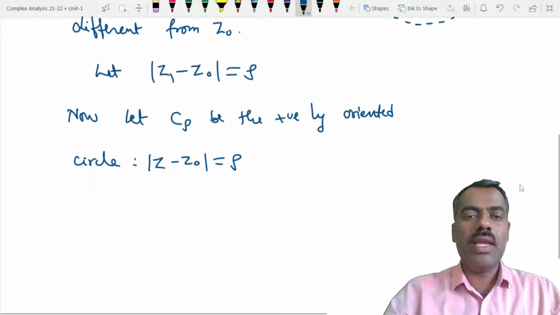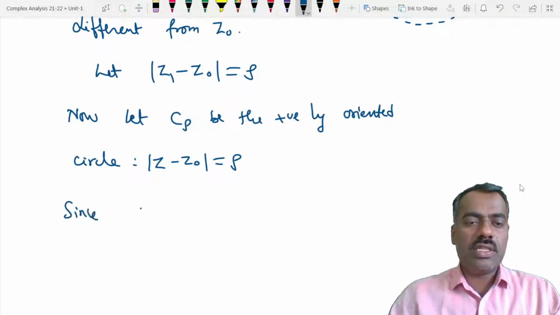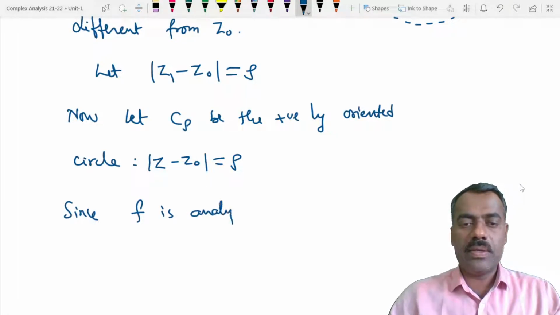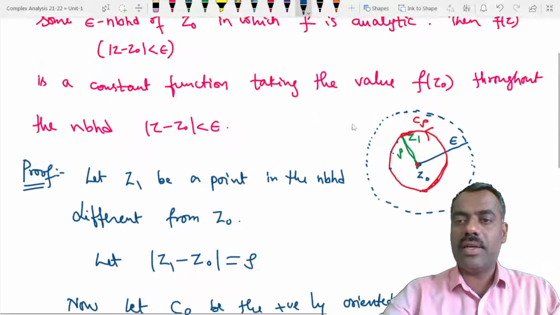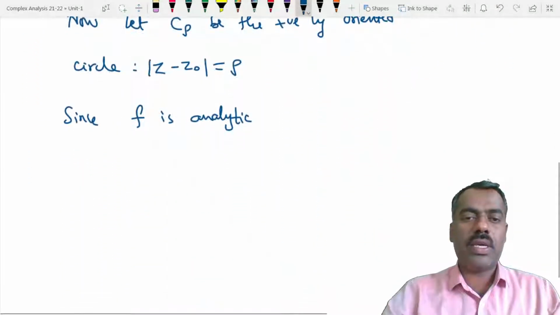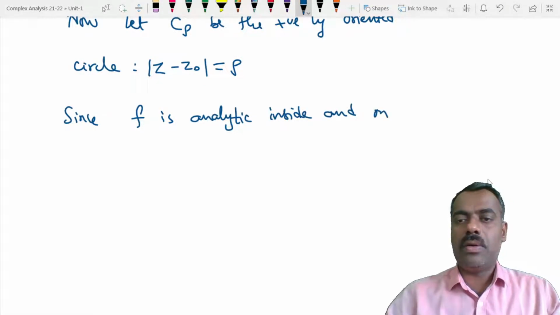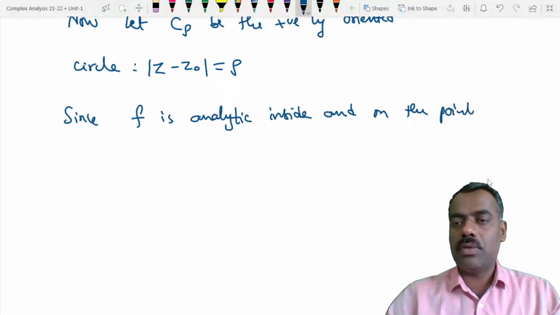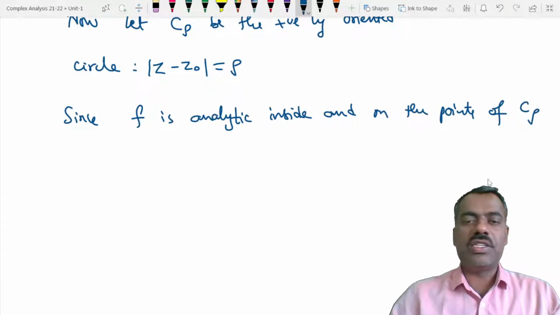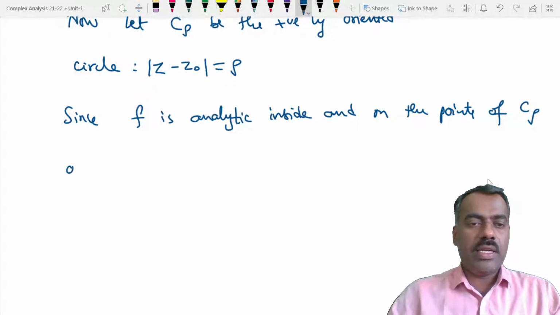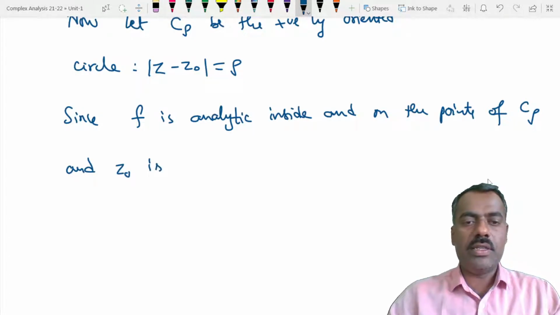Now since f is analytic on this entire neighborhood, in particular f is analytic inside and on the points of this circle C rho, and z naught is interior to this C rho.